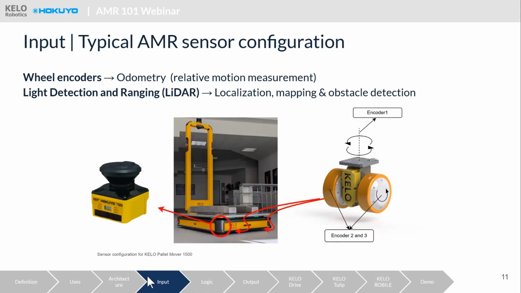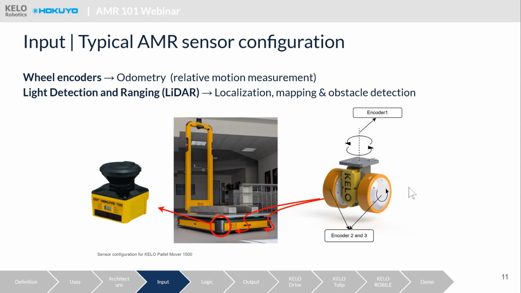So speaking of the decomposition, the first module that we discussed was the input module. The input module is all the essential information that we have to collect from the environment to have an autonomous mobile robot. The first one is the relative motion, also known as odometry data.